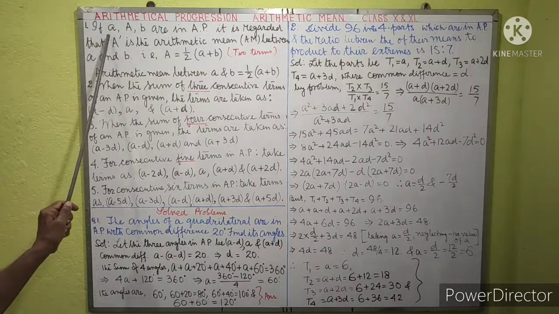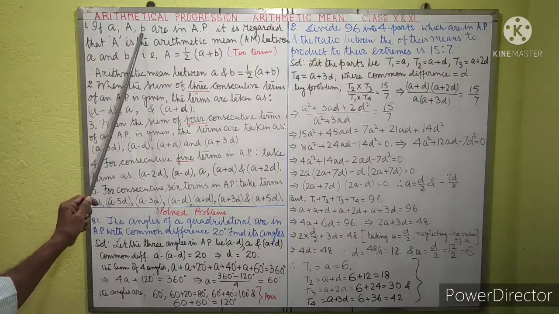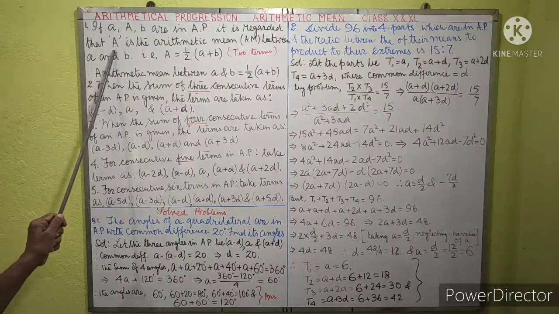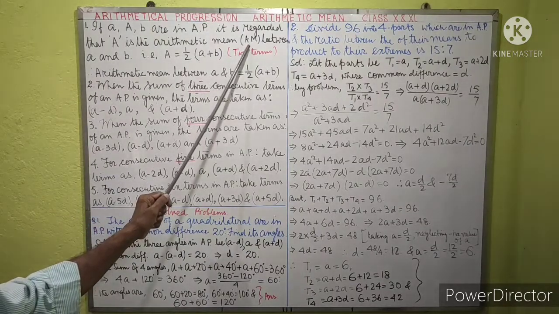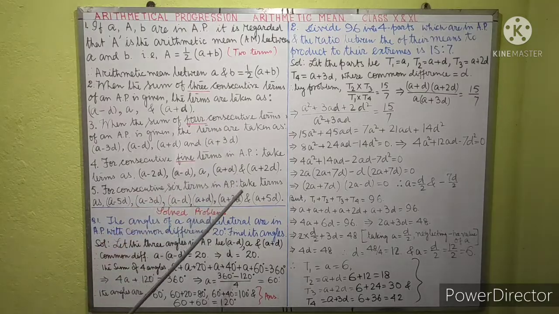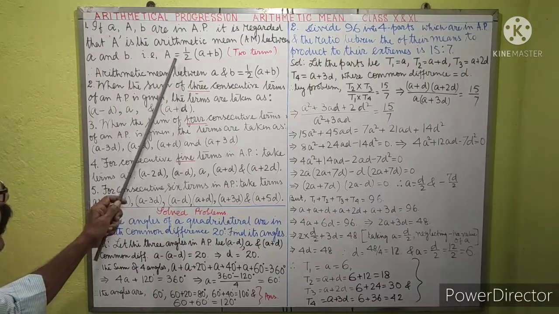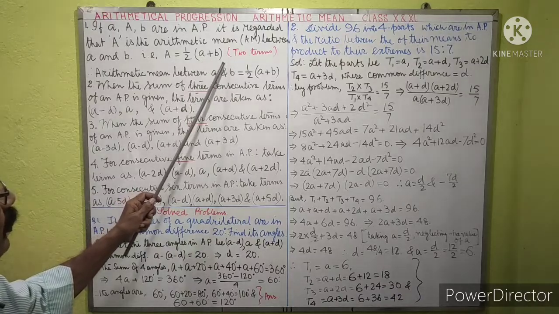Number 1, if small a, capital A and small b are in AP, capital A is regarded as the arithmetic mean. In short, it is abbreviated AM. AM means arithmetic mean between a and b. That is, capital A equals half of (a plus b).